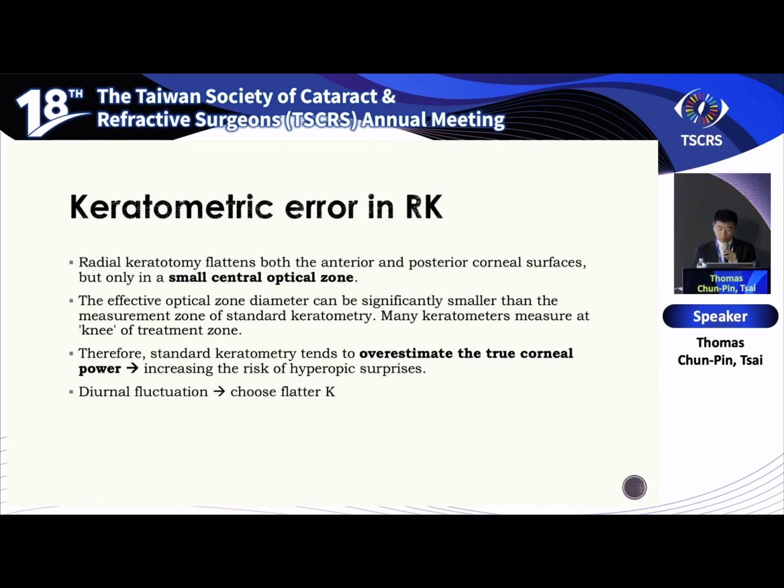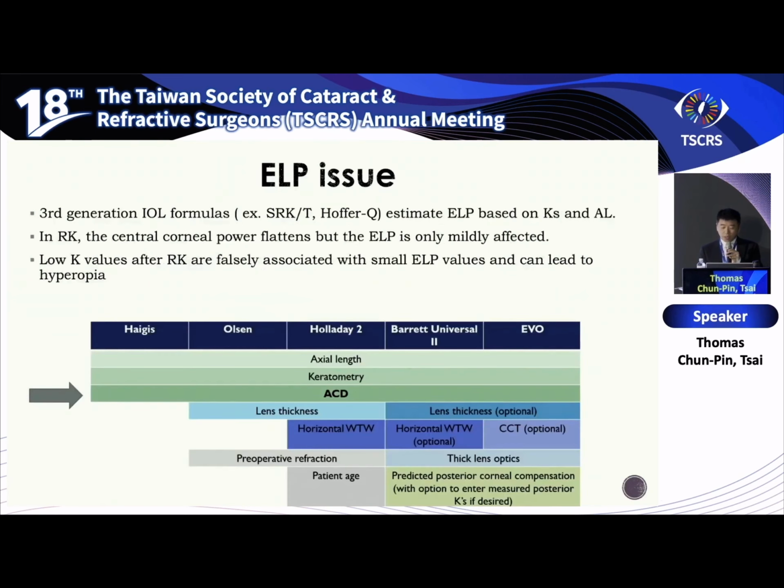As mentioned before, RK eyes have an unstable cornea. Diurnal fluctuation could happen. It is wise to choose a flatter K. An IOL power calculation following RK should not be carried out using two-variable third-generation theoretical formulas, such as SRK/T, Holladay 1, and Hoffer Q, because these IOL formulas assume a relation between keratometry and effective lens position.